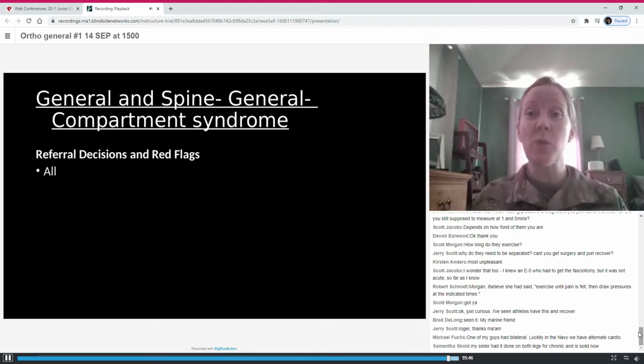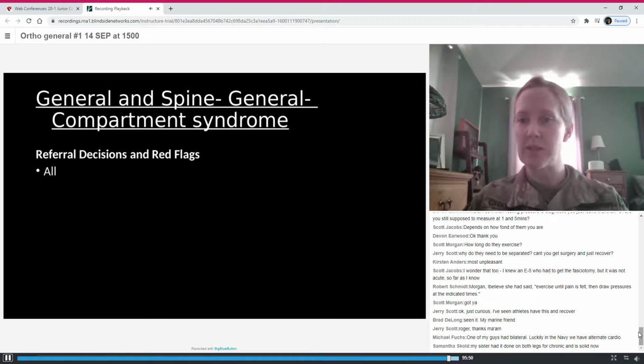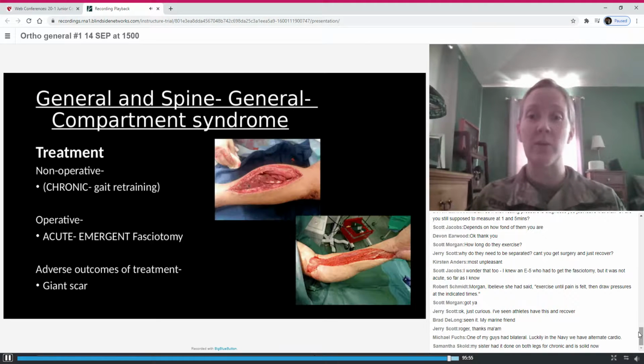So the one thing I do want to talk you through with this is a battlefield procedure. If you have someone who is on the battlefield and has acute compartment syndrome, this is a truly emergent procedure.